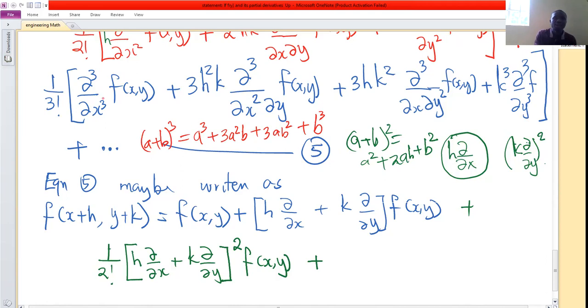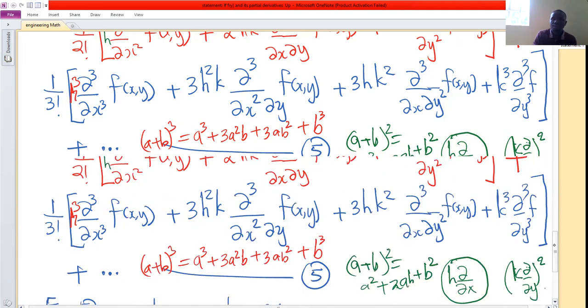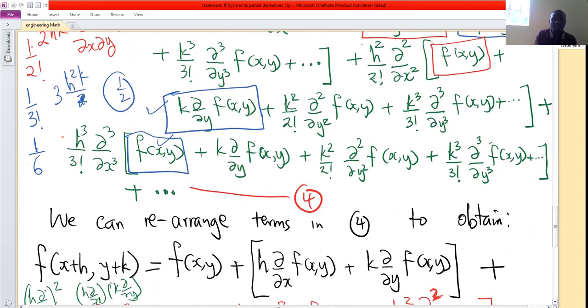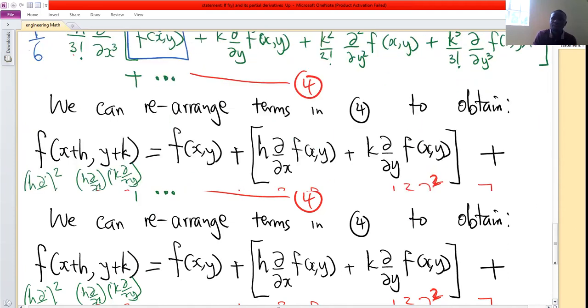And you can see that these are really coefficients. So remember there was an h cubed here. This is what you multiply to get that term. So h cubed over 3 factorial f of x y.